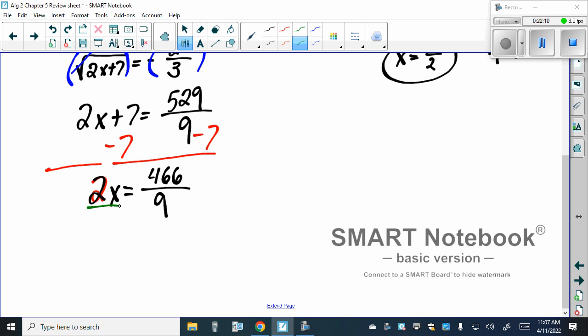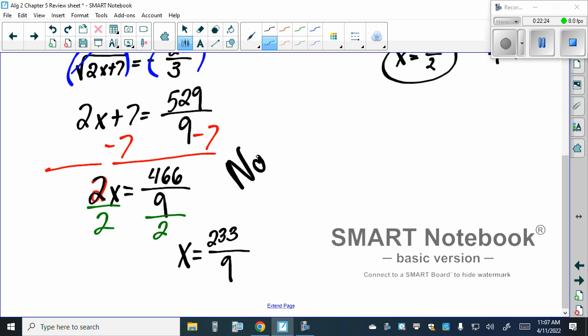And then we would divide by 2. 233 over 9 would be our answer. Now, if we plugged it back in, we would actually get no solution. But did the overall steps make sense?